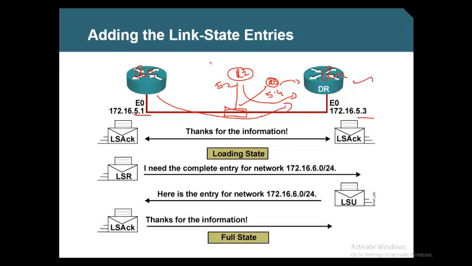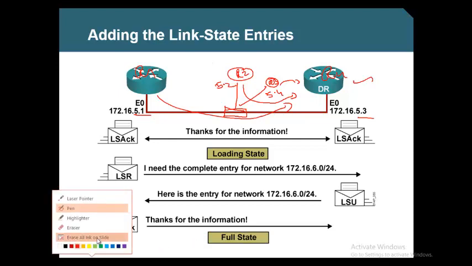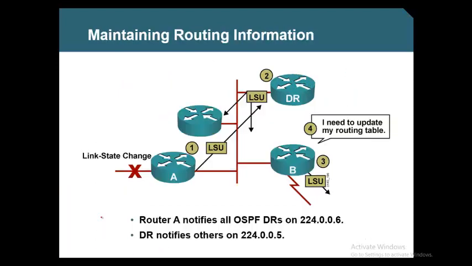So if you are going to talk only to DR, there should be a special address, correct? This is the address. If anyone wants to send any information, they will send it to this address. Only DR can learn if you are sending to this address, .6. Any router that is elected as a DR will be responding to the address, will be owning this address.